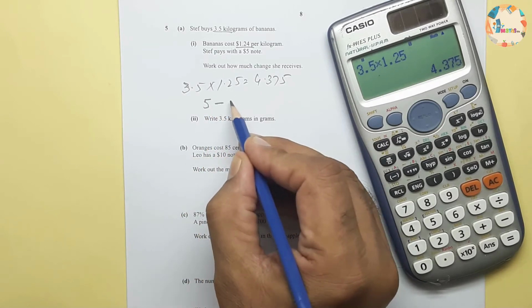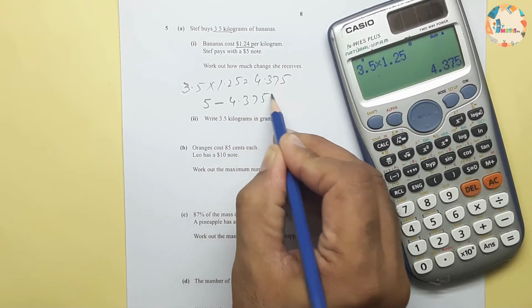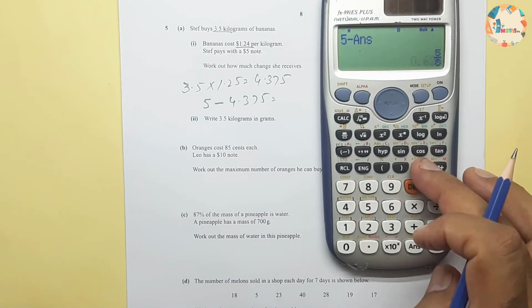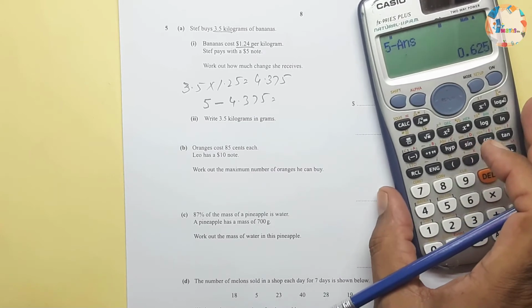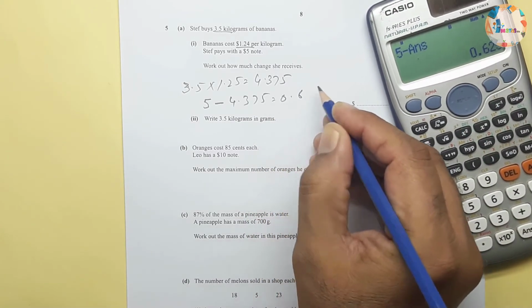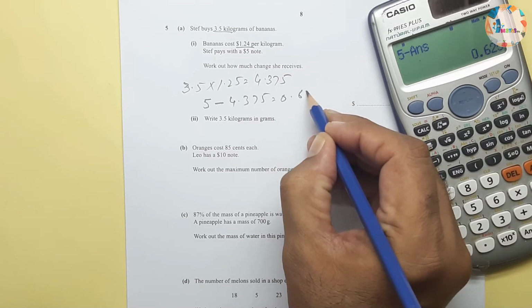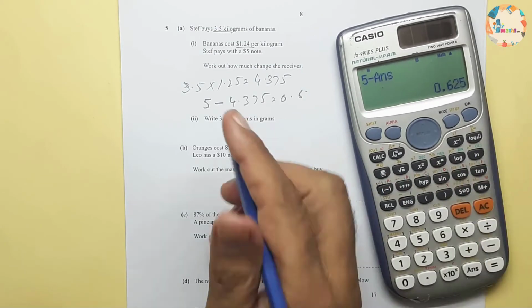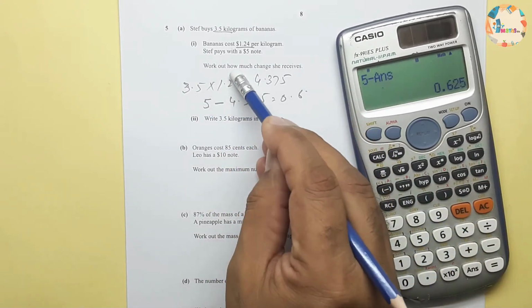So $5 note is given, so 5 minus 4.375. So we can check 5 minus answer will be equal to 0.625. We'll have to double check this one. Basically this one we have made a mistake.